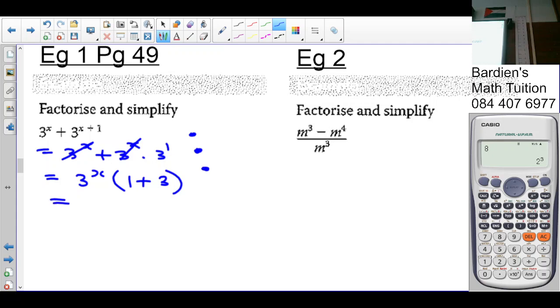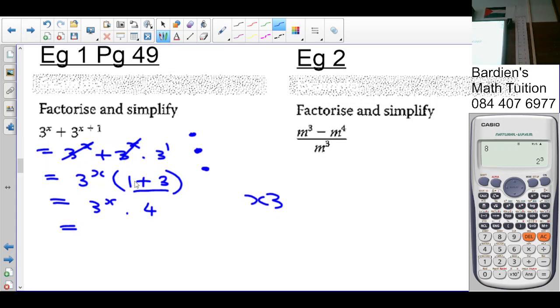The third point is simplify inside the brackets. So we simplify, that's going to give us 4. And we never write 3 to the x times 4 like that. We always write the coefficient in front.